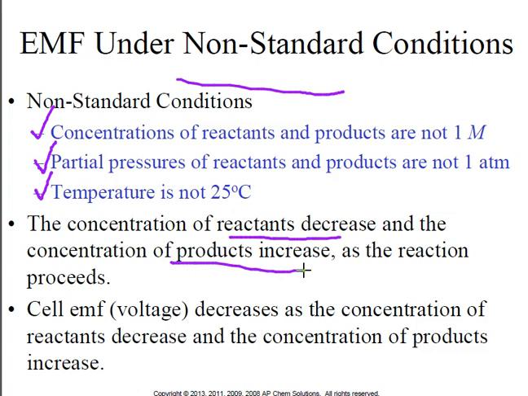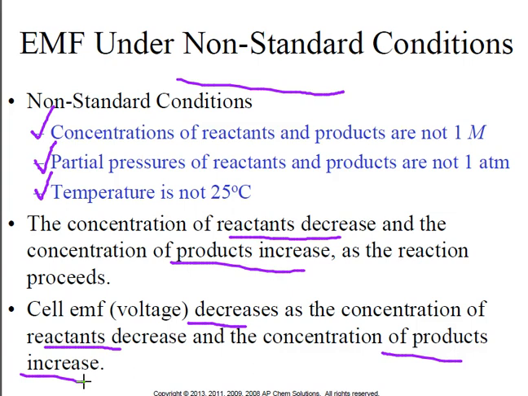Because of that, the voltage decreases when your reactants decrease, and, of course, when your products increase. So as a battery runs, it becomes less and less effective because the reactants are getting used up. So when the reactants go down, the voltage naturally goes down.